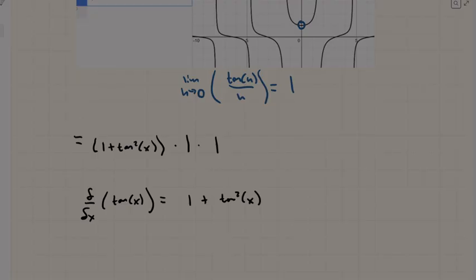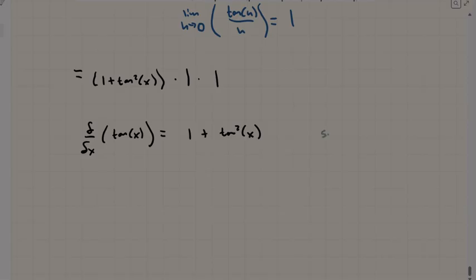That's not normally the way that it's written, though. And so you might recall that sine squared plus cosine squared is equal to 1.